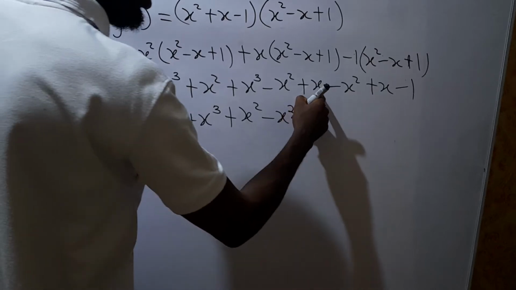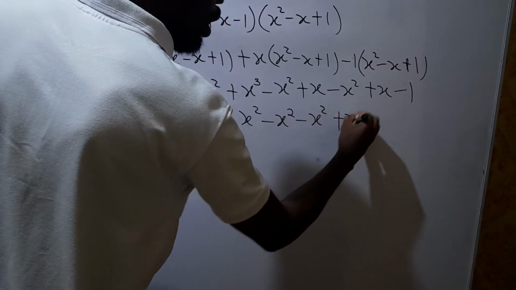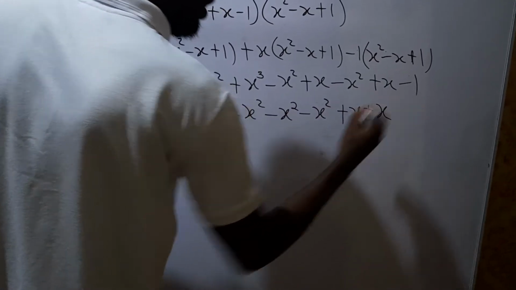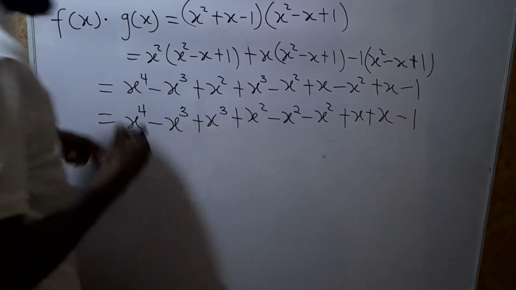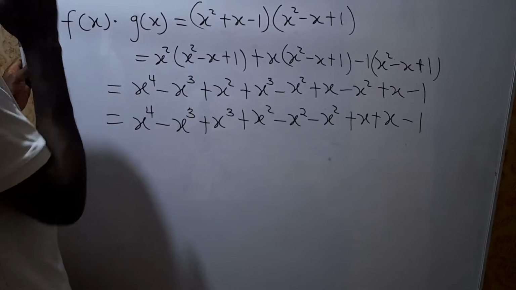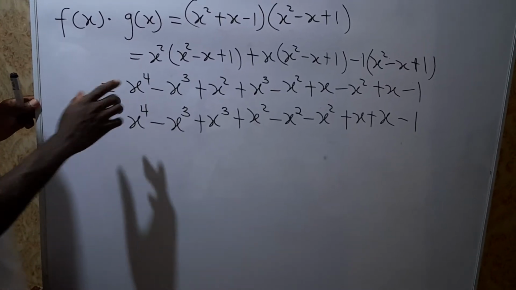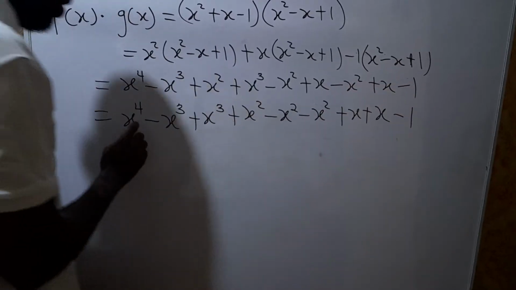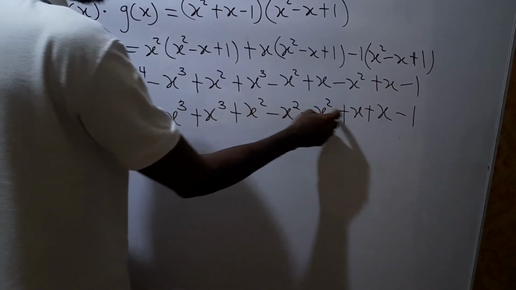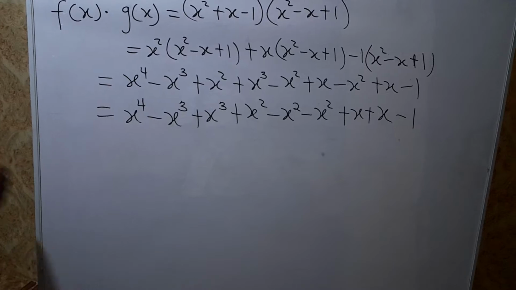And the next term is x. We have plus x, then minus our constant. After you group like terms, count and see if it is the same. So we have 1, 2, 3, 4, 5, 6, 7, 8, 9. 1, 2, 3, 4, 5, 6, 7, 8, 9. And we are correct.